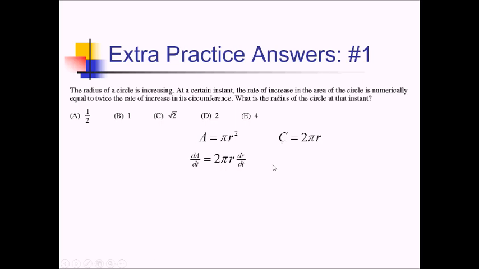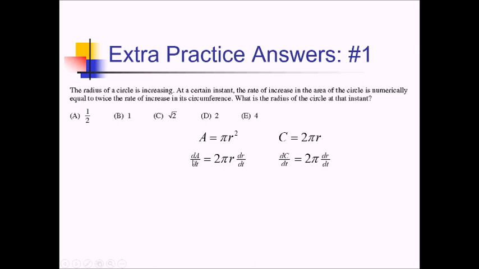So when in doubt, let's just go to this other circumference formula, take the derivative of that, and hope that it gives us something we can use. The derivative of C is dC over dt, and the derivative of 2 pi r is 2 pi times dr over dt. Again, they told us that the rate of increase of the area was numerically equal to twice the rate of increase of the circumference.